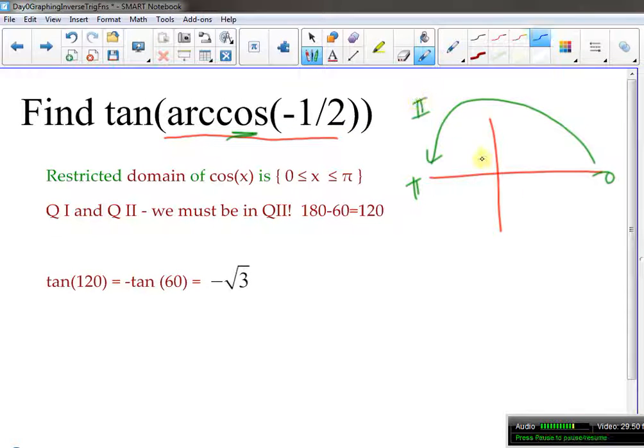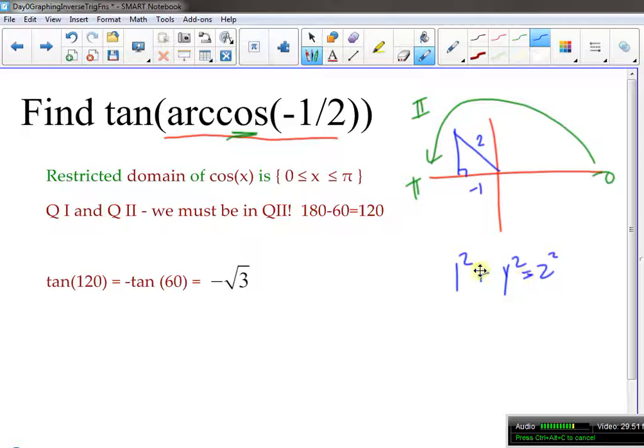So that's where we're going to draw out our triangle. It says the cosine is equal to -1/2. Well, cosine is adjacent over hypotenuse. We'll have to use the Pythagorean theorem to figure out what this other side is. So let's say 1 squared plus y squared is equal to 2 squared.